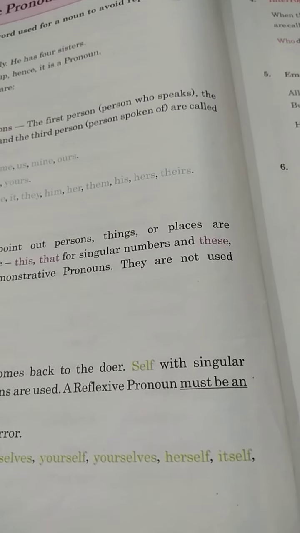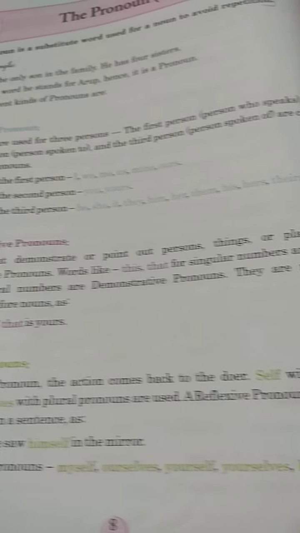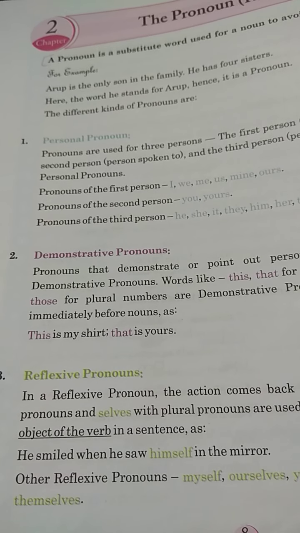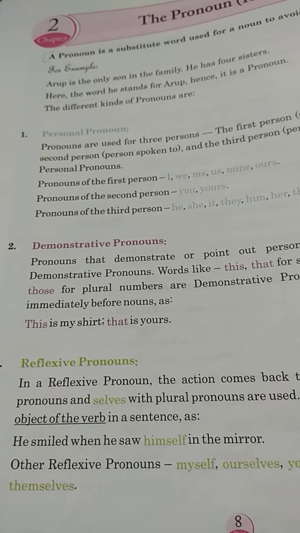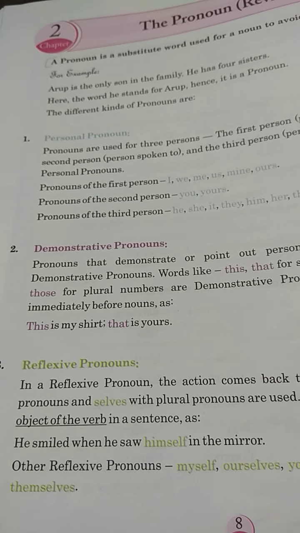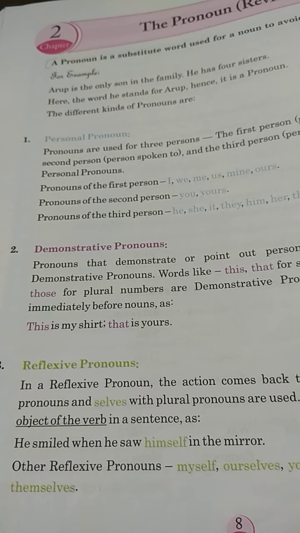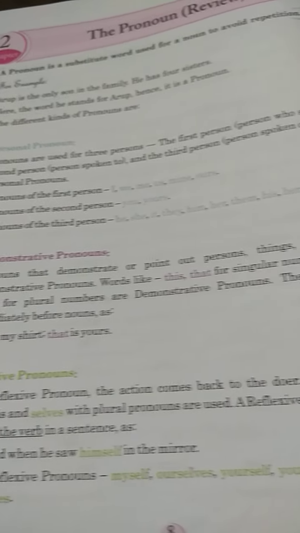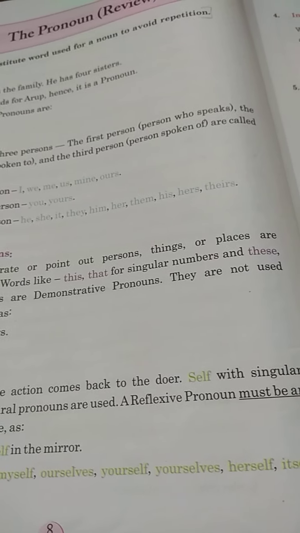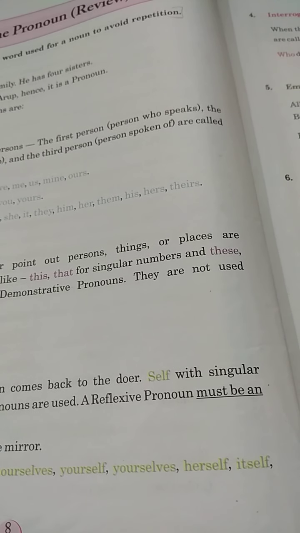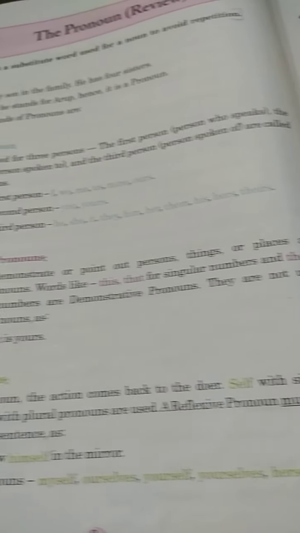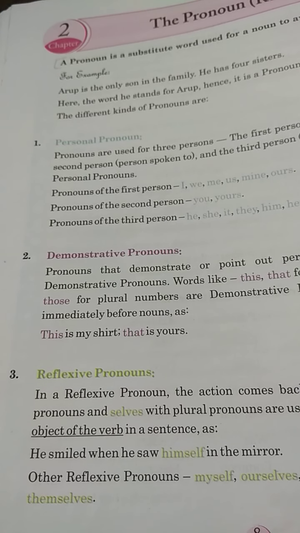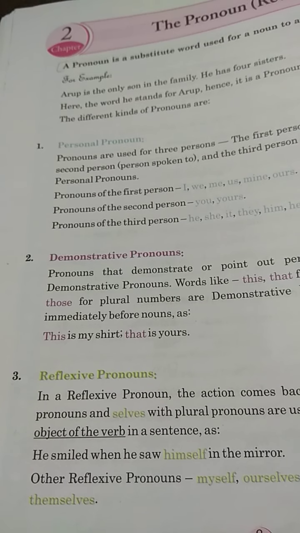A reflexive pronoun must be the object of the verb in a sentence, as in: he smiled when he saw himself in the mirror. Other reflexive pronouns: myself, ourselves, yourself, yourselves, herself, itself, themselves. So, a few more examples.